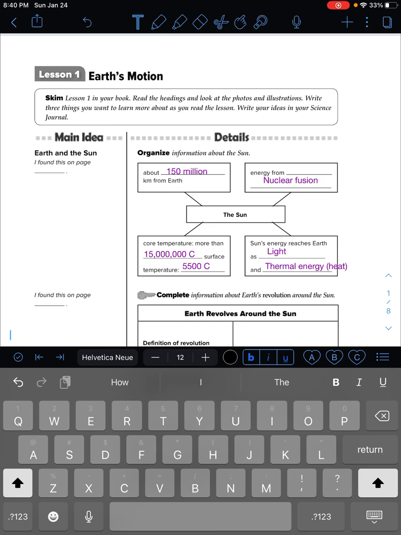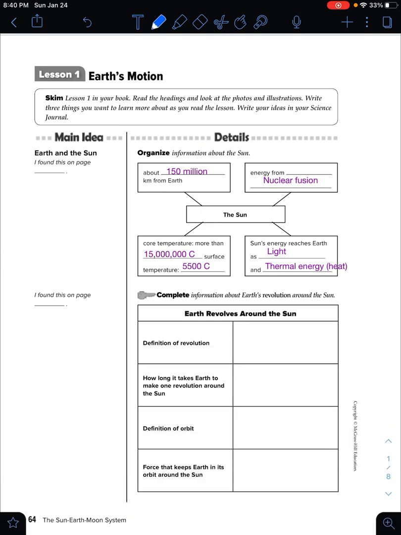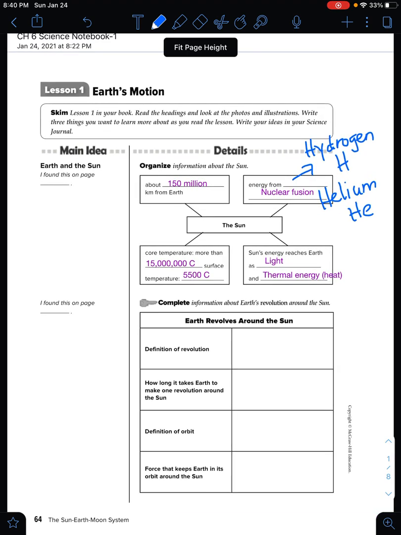A couple of things I want to write in the margin here is that the nuclear fusion, that's the hydrogen, capital H, and helium, capital H, lowercase e, and just for reference, 100 degrees Celsius.